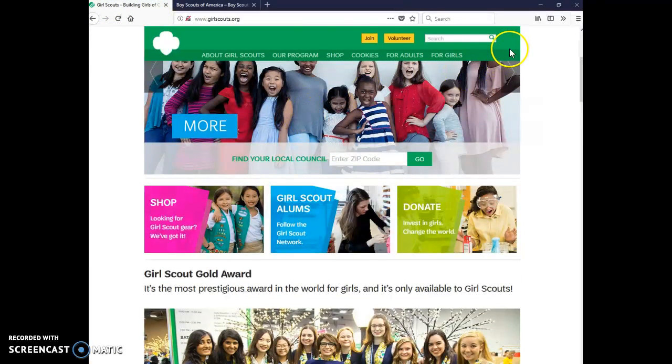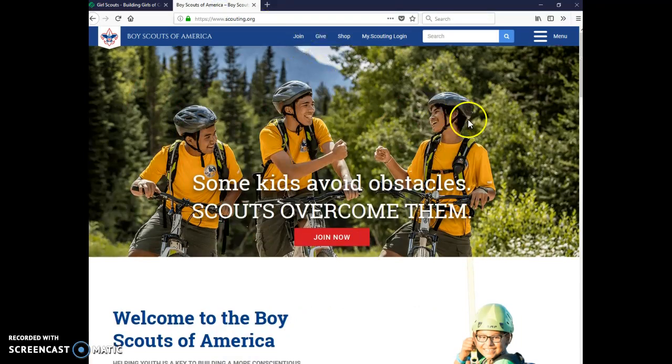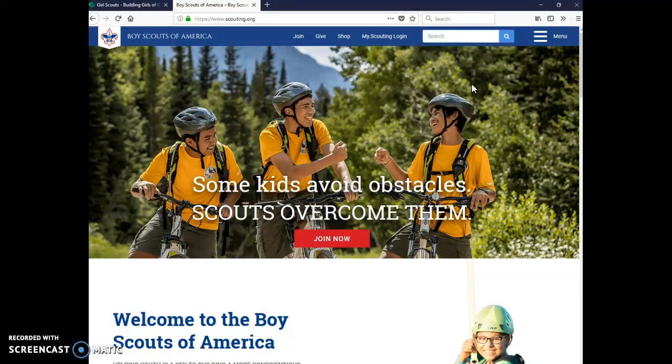So this way we find out what the most important keys are for Girl Scouts and Boy Scouts.